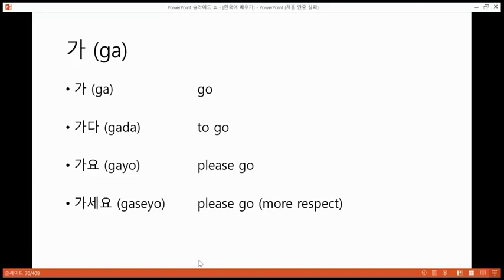Yes, if you say 가, that is imperative, that means go. So it is a command. Now the basic form of Korean verb ends in 다. So from the word 가, you have to put 다. Okay, let's say one more time, 가다. Okay, 가다 is to go.